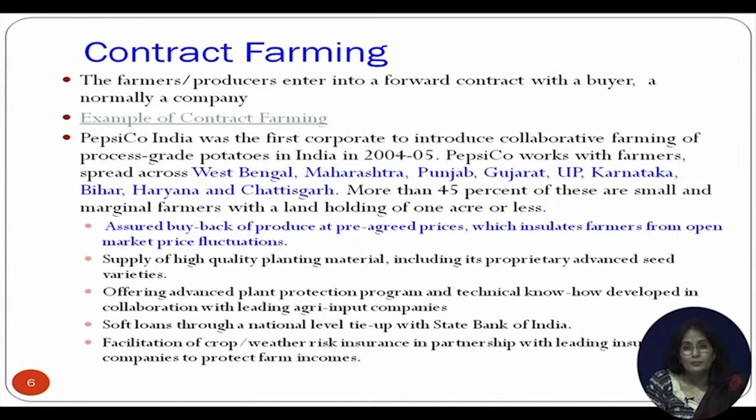It is one of the largest selling consumer snacks in India, the 10 rupee or 5 rupee potato chips packet. PepsiCo is the first Indian company which has entered into collaborative farming for potatoes, and it has entered into this contract farming with farmers from Bengal, Maharashtra, Punjab, Gujarat, UP, Karnataka, Bihar, Haryana and Chhattisgarh.